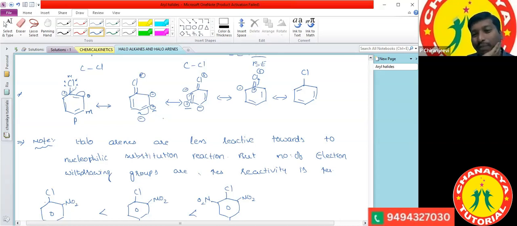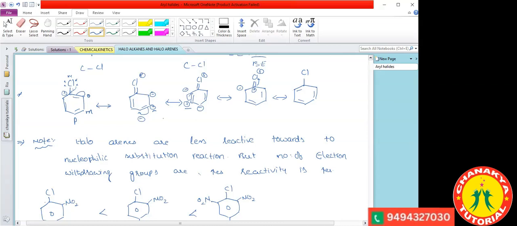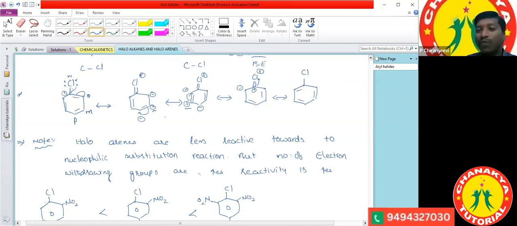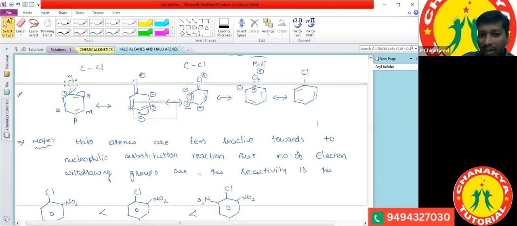Is any possibility there? No. So that's why the meta position cannot undergo electrophilic substitution reaction. Electrophilic substitution reaction will take place at ortho and para positions only. Now you got the clarity. Is anyone still having doubt until this point?